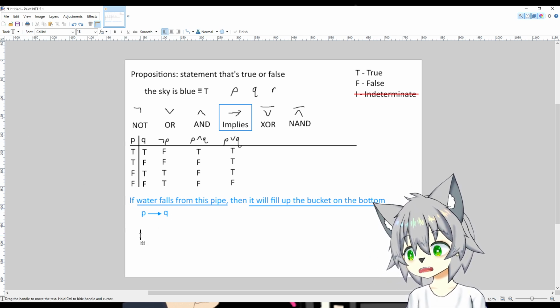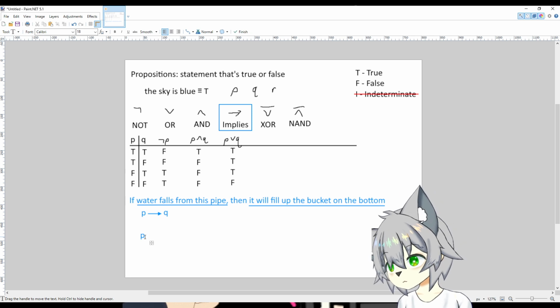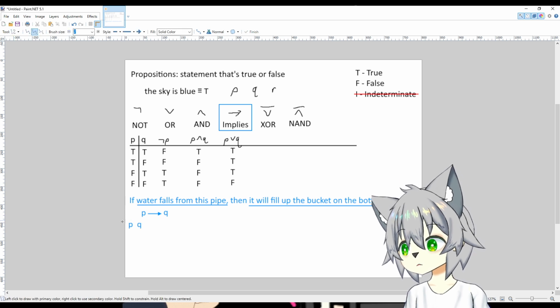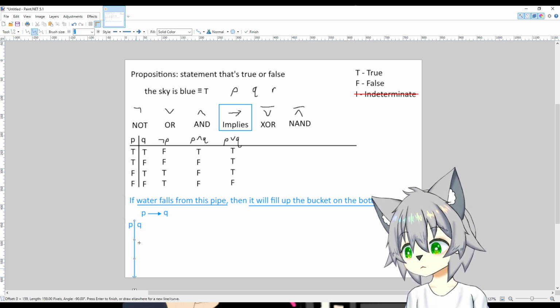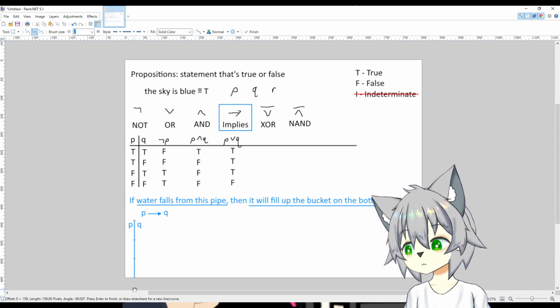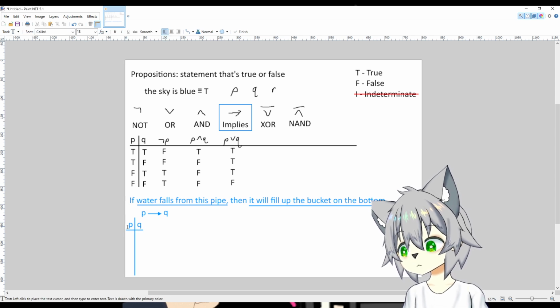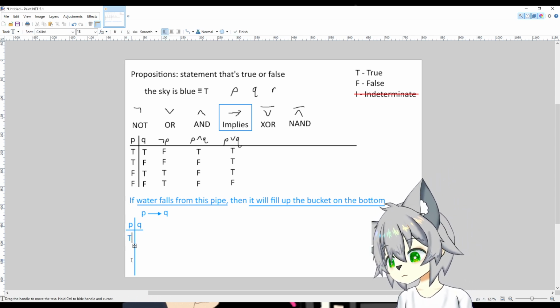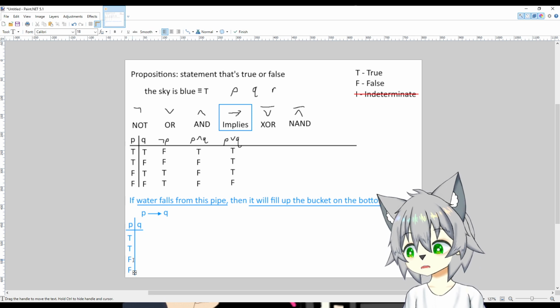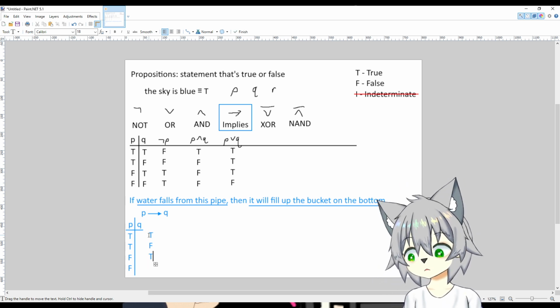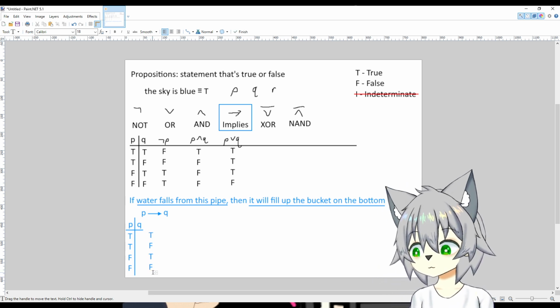Let's go ahead and actually write this down a little bit. Real quickly, real simply. True, true, false, false. And true, false, true, false.